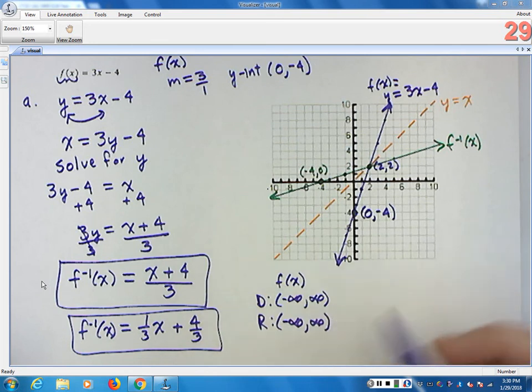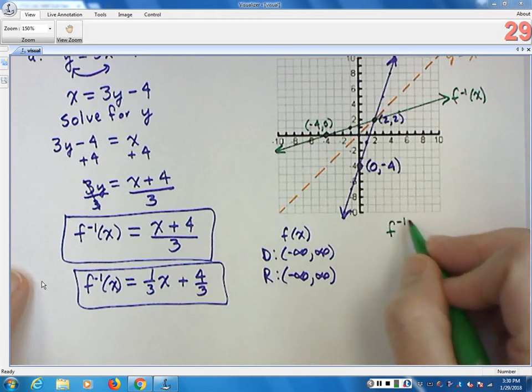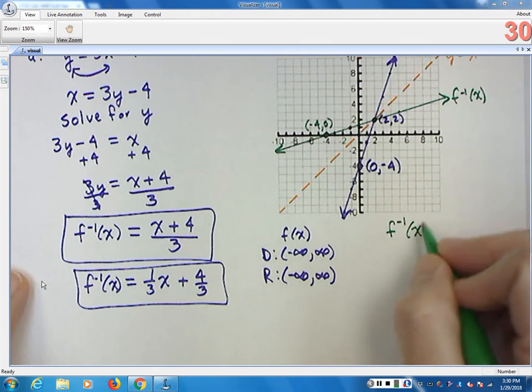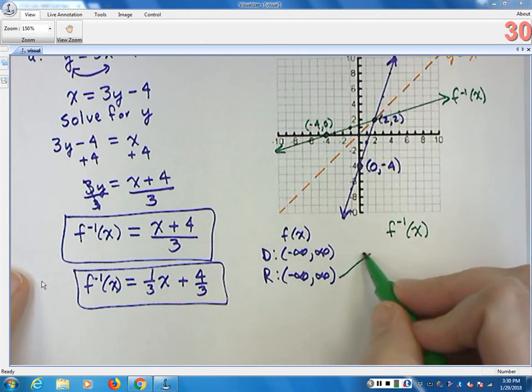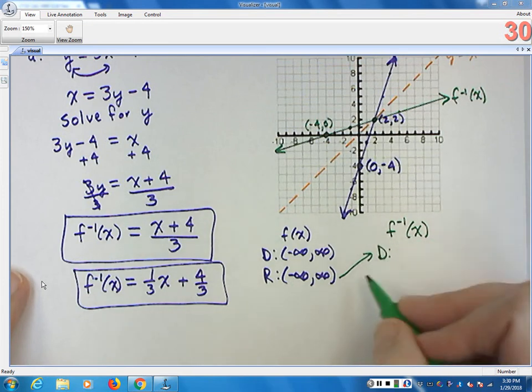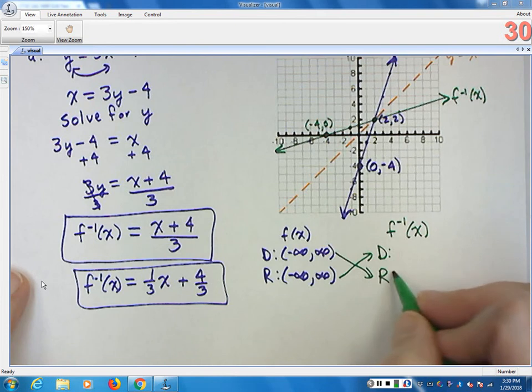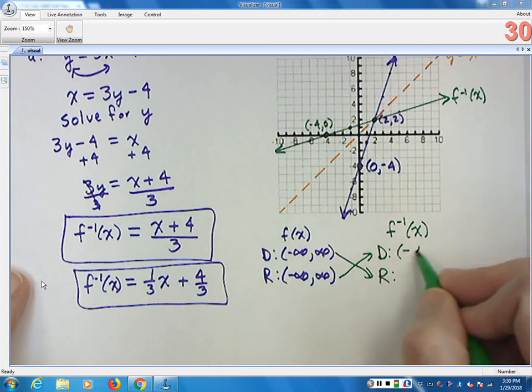But, so this is kind of a bad example, but if these were different, the range of this will be the domain of this one, and the domain of f will be the range of f inverse. And it's pretty boring because they're the same.